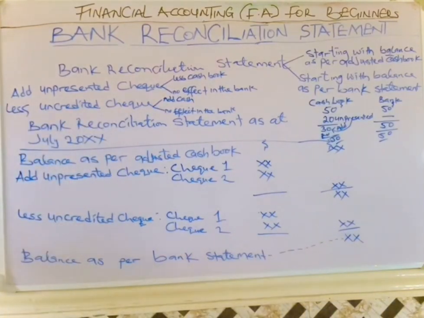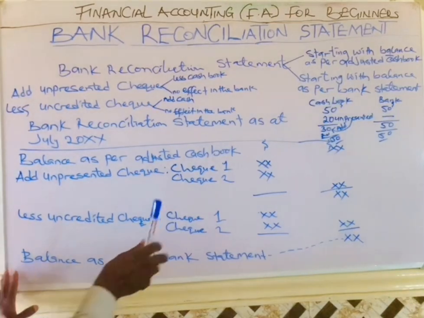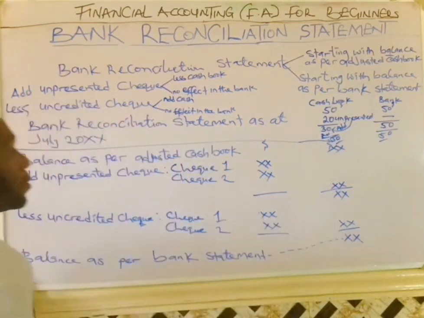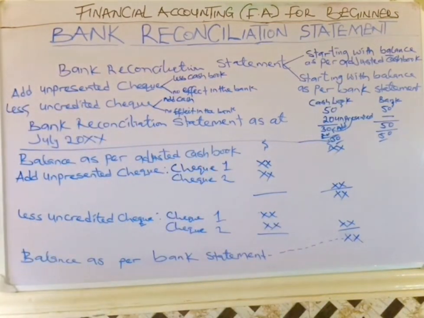This is the balance as per bank statement. So this balance as per bank statement, we compare with the balance of the bank statement in our equation, and the balance must agree with the balance in the equation. If it fails to agree, there is an error somewhere.